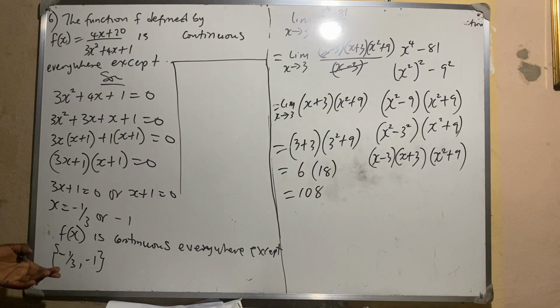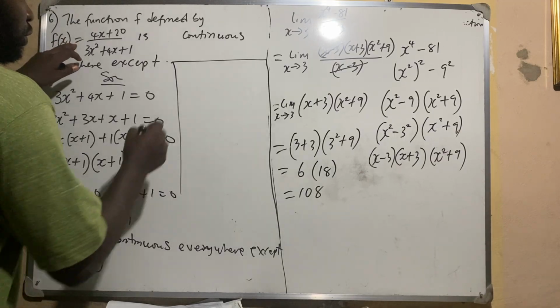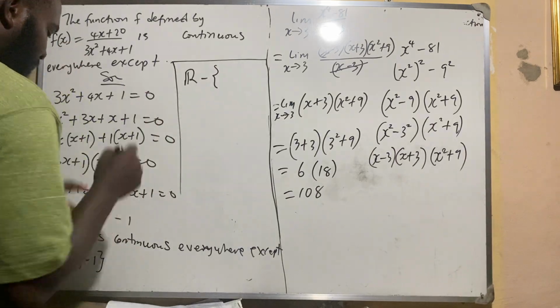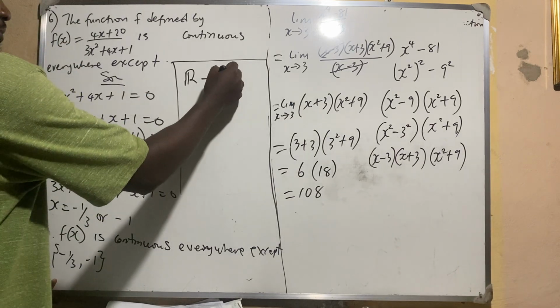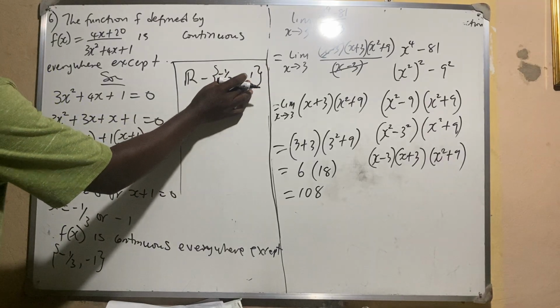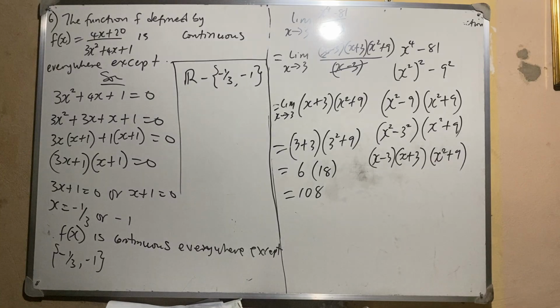Since we have found the point where it is not continuous, we now say that this function is continuous for all real numbers minus the only problem we have, which is minus 1 over 3 comma minus 1. If you remove these 2 numbers from every real number, it is now continuous everywhere. You get the point now.